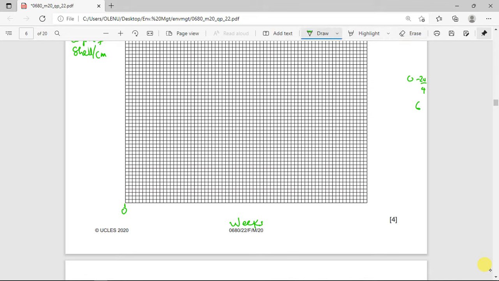So in that case, if this is 0, then I have 8 columns: 1 2 3 4 5 6 7 8. This will be 4.